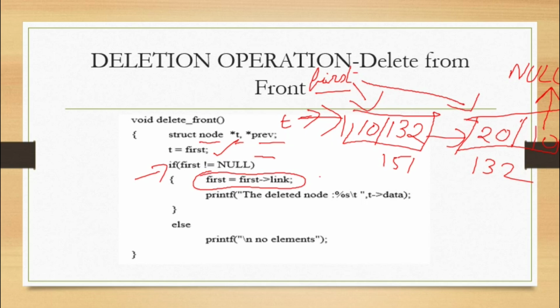When you do this step, the first which was here will be moved to the right and your first will be here. And t, which was at the beginning, will be here now, students.